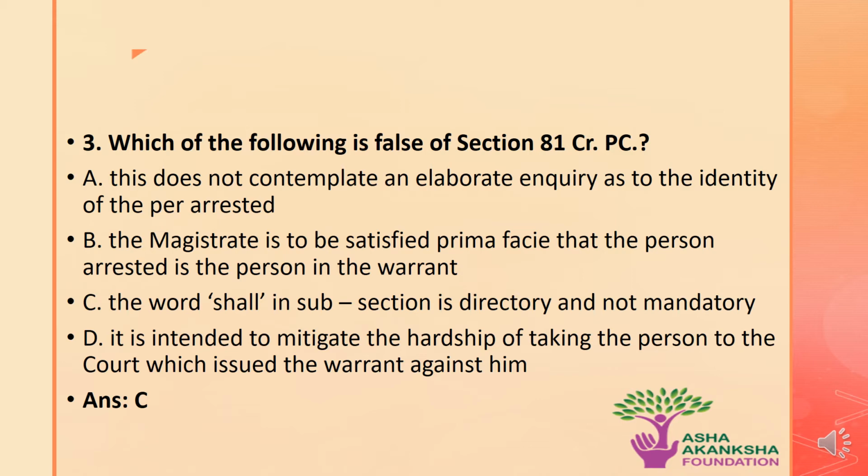Option C. The word shall in the subsection is directory and not mandatory. And option D. It is intended to mitigate the hardship of taking the person to the court which issued the warrant against him. The correct answer to this question is option C, that is, the word shall in the subsection is directory and not mandatory is false regarding Section 81 of the CrPC.